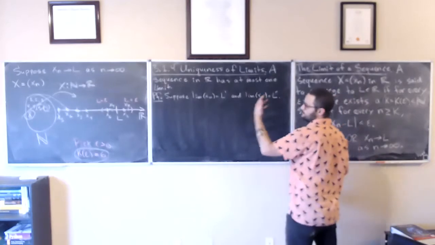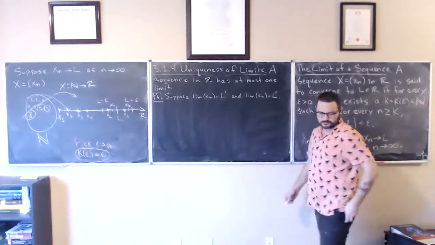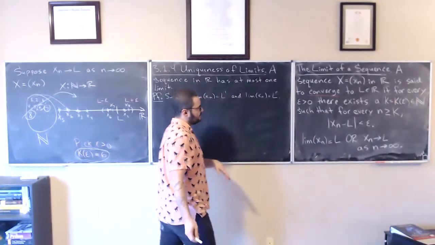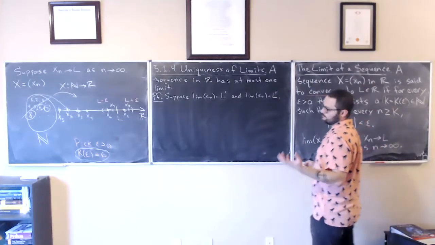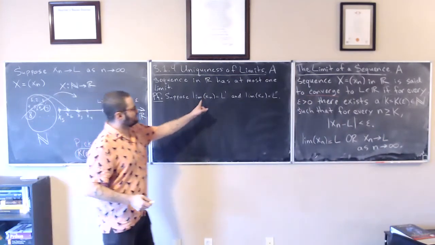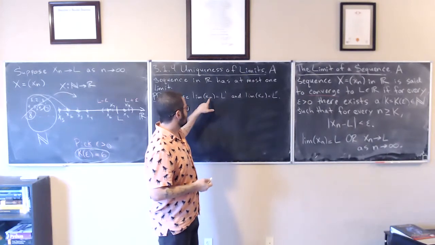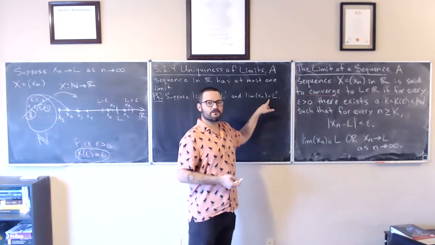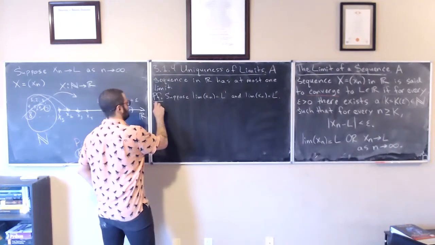We're supposing that it's convergent, and not only is it convergent, but it has that as its limit and that as its limit as well. So if that's the case, we're guaranteed the existence of a cutoff index for each of these limits, where after that index, xn is always within some epsilon distance to that and some other epsilon distance to that.